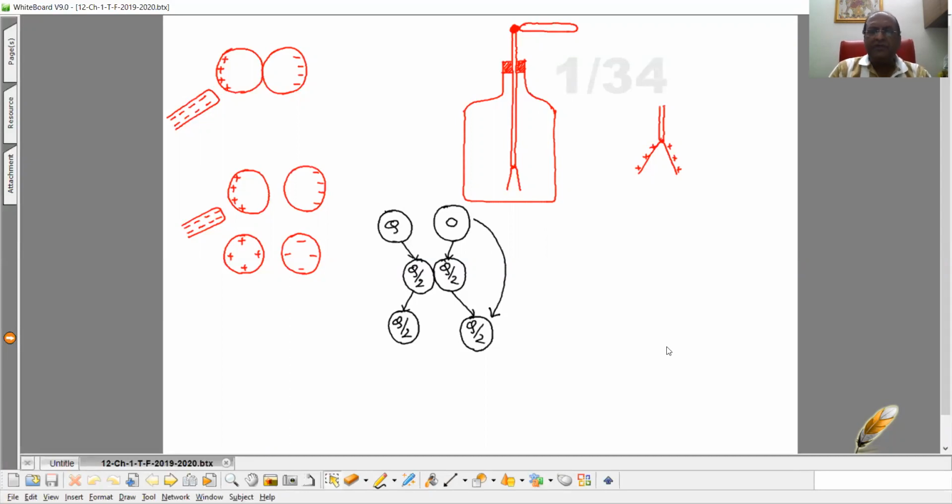So, during the experiment, as discussed here in the text, see figure 1.1.